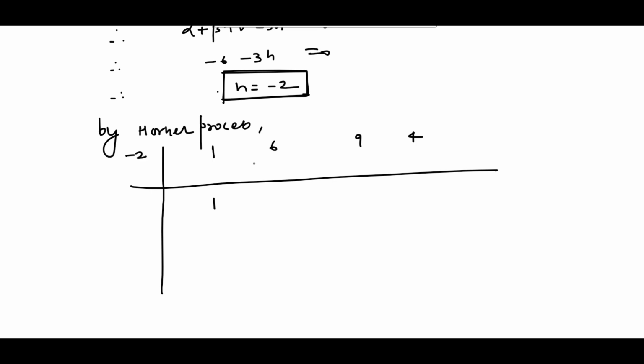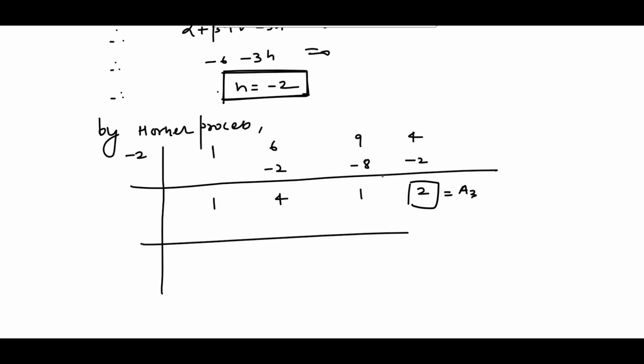Multiply 1 by negative 2, that is negative 2. It will give 4, negative 8, that is 1. And here will be negative 2, it will give 2. So this value is a3. Again apply negative 2, it will give 1, negative 2, that is a2, negative 4, and on addition it will give negative 3, and that is a1.